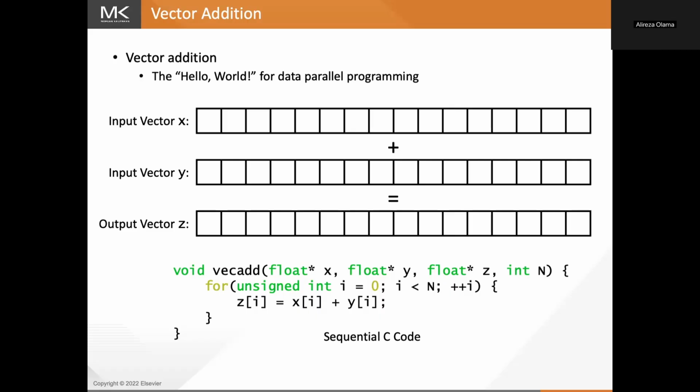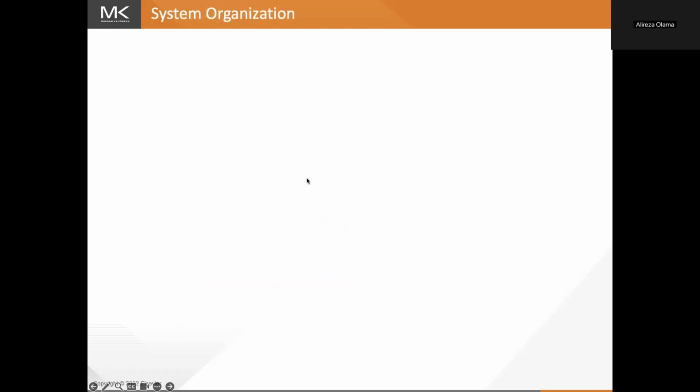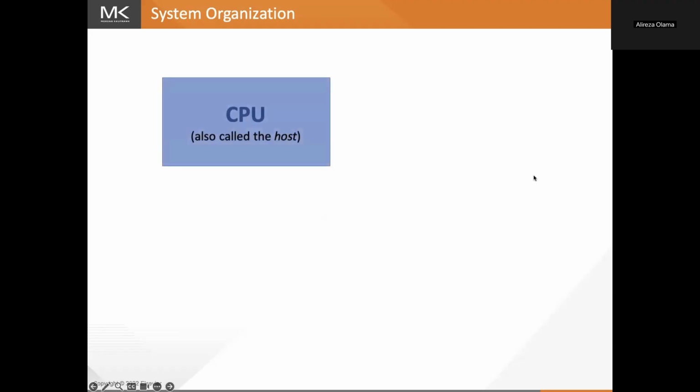Okay, so we wrote this CPU version of this vector addition program. So now we want to do it on the GPU. So let's do it step by step and see how exactly we can do this. So before doing that, we need to know how a heterogeneous system, including CPU and GPU, is actually organized. So for that, we need to know the system organization when it comes to that kind of machine, and also the terminology.